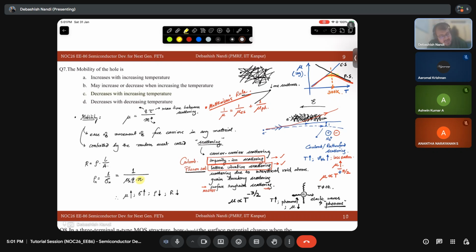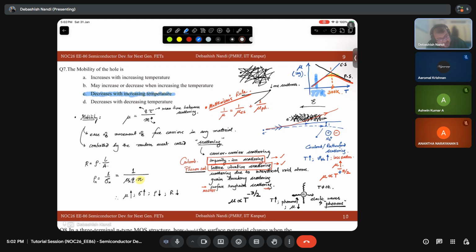Now if I tell you that no, tell me at around cryogenic, some low temperature, let's say 77 Kelvin, then of course with temperature mobility increases, right? Due to Coulomb scattering, because phonon scattering is not dominant at that time yet. Okay, so you may say that it decreases with increasing temperature.